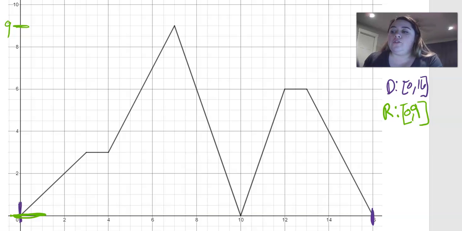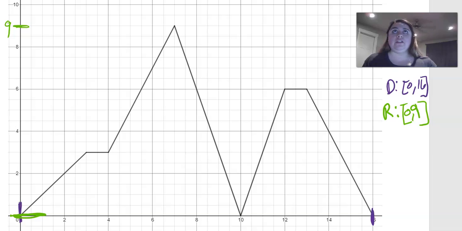So now that I've gone over domain and range, let me go over max and min, because that's something else that we're going to have to focus on. Our maximum is our highest point on our function. It is the coordinate point that is at the highest peak of the given function.